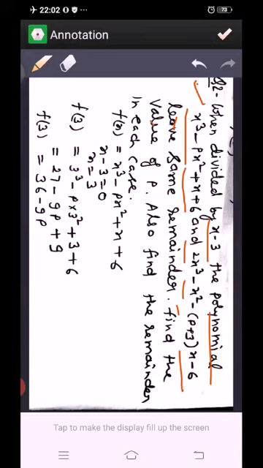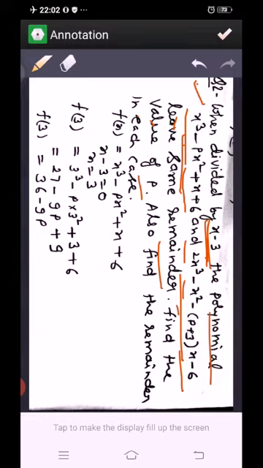If we divide both these expressions by x minus 3, both times we get the same remainder. Find the value of p. It means f(x) and g(x) are given, so we have to find f(3) and g(3).